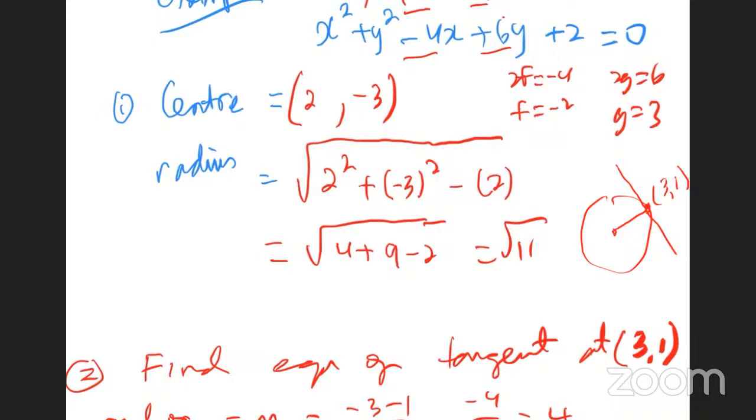So remember the steps. Find the equation quick. Remember the steps, right? Find the gradient of the radius, then the negative reciprocal. Work it out.